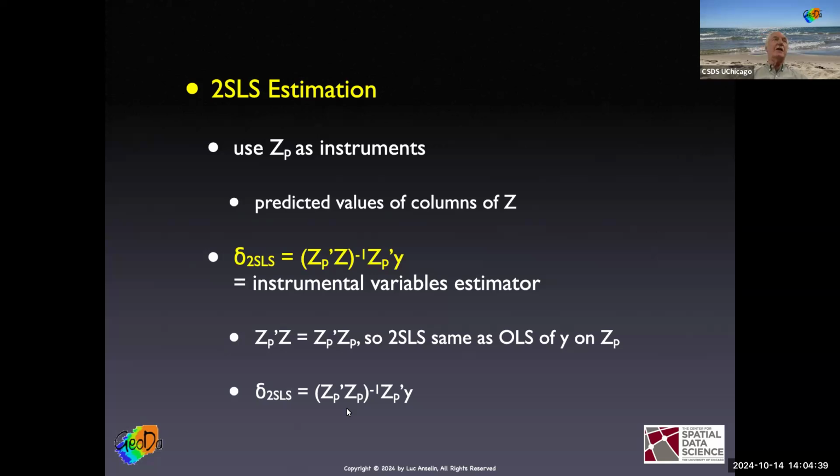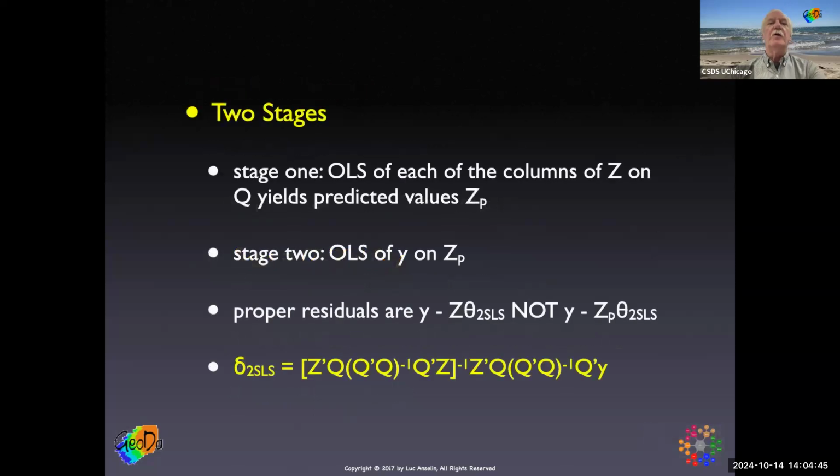And then in the second stage, you do the regression with the predicted values. So stage 1, OLS of each of the columns of Z on all the instruments, and that gives predicted value. Stage 2, OLS of Y on these predicted values.